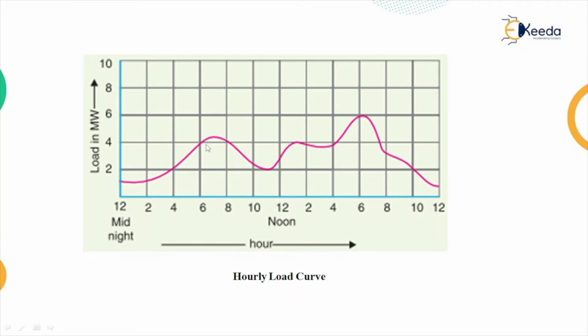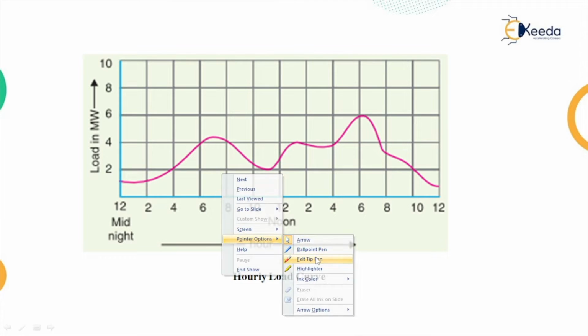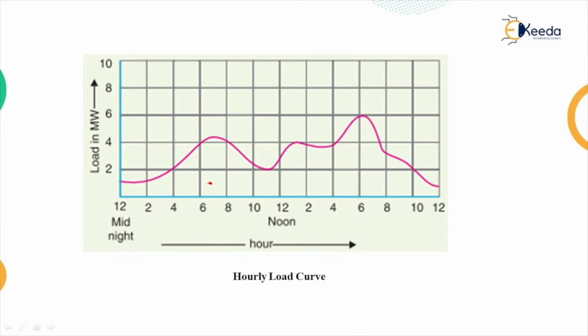The area in kilowatt hour means that on the y-axis it is in megawatt, and on the x-axis it is in hours. If you want to calculate the area of a single box, here we consider this box, which is a square.